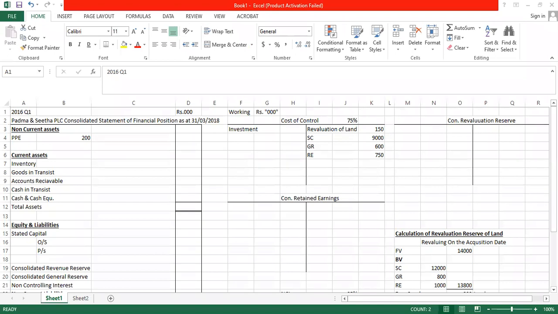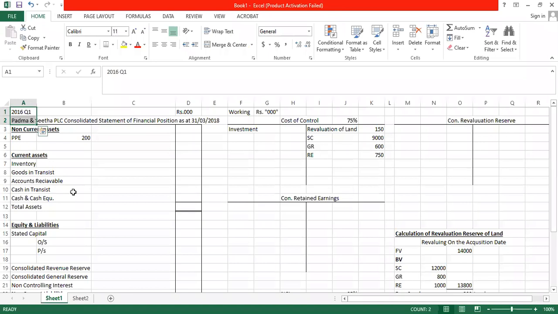Now go through the fourth additional information. It says again, rupees 300,000 worth of unsold stock purchased from Padma PLC was included in the closing inventory of Sita PLC. It's saying that though they have sold these items, still unsold goods are there.